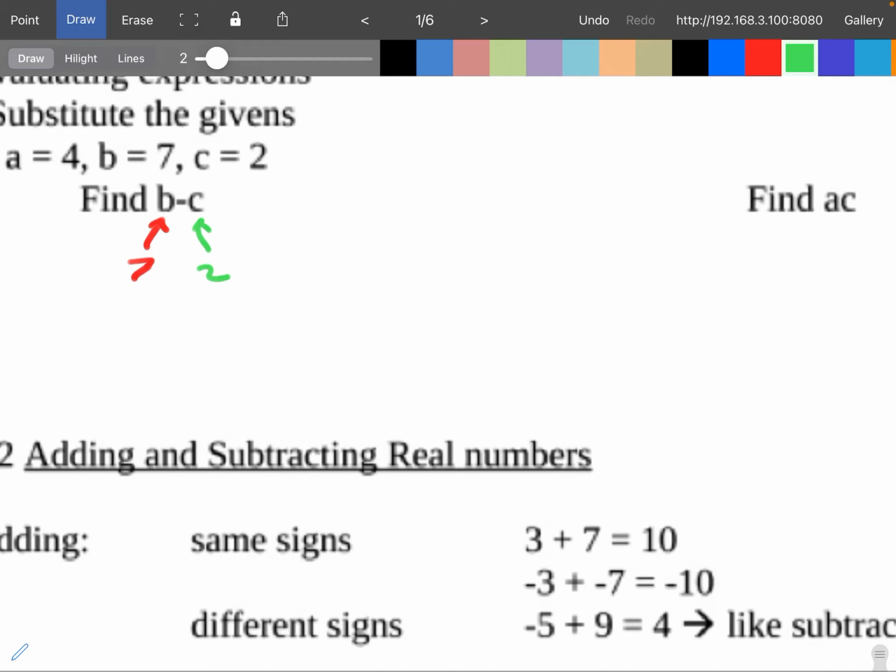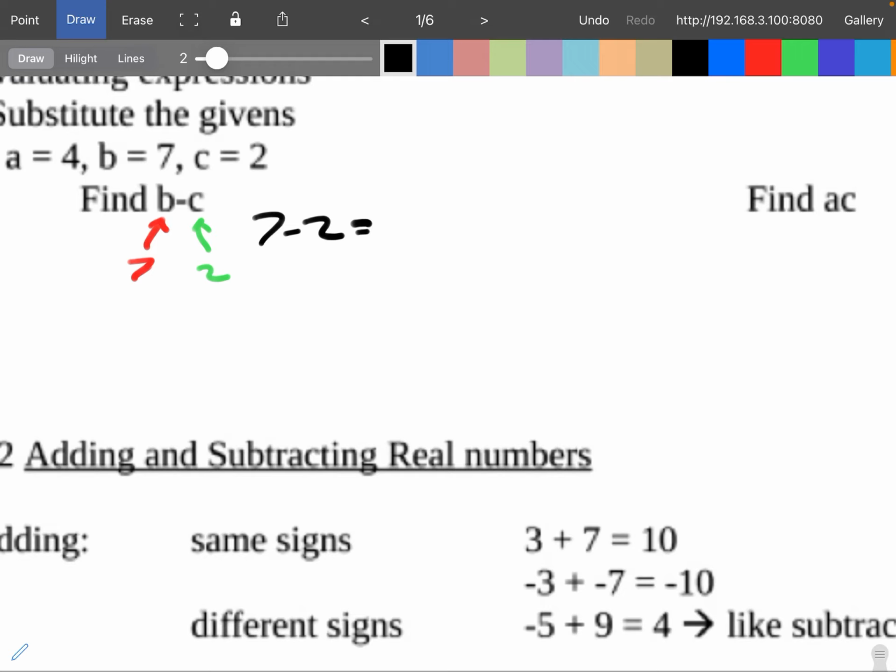And we just substitute those in and then replace the variables with the given numbers. I can't talk. I'm not used to this mask either. You replace the variables with the given numbers. I think I said that right finally. What do you get? 7 minus 2. So we're going to do 7 minus 2 equals what?